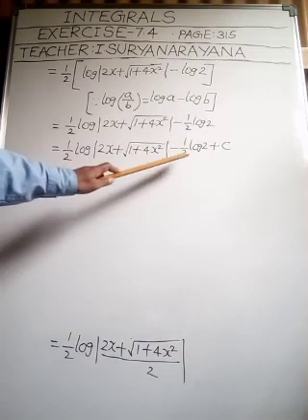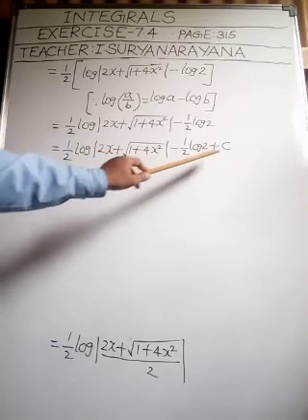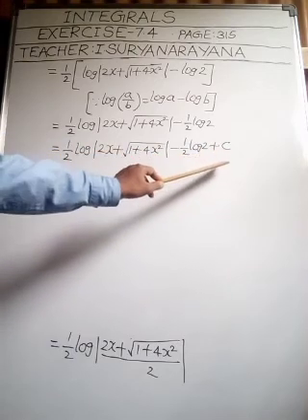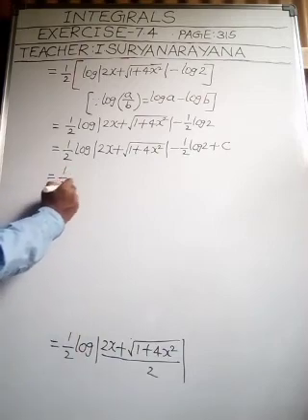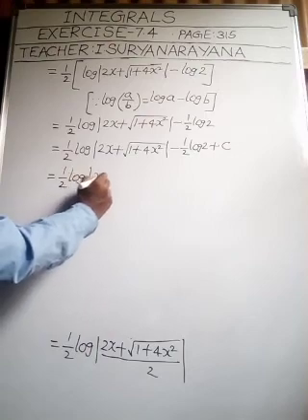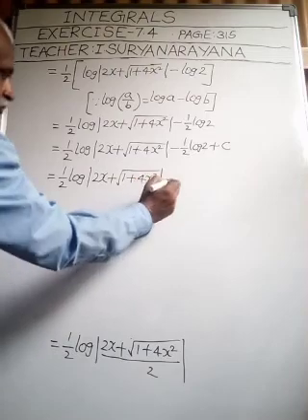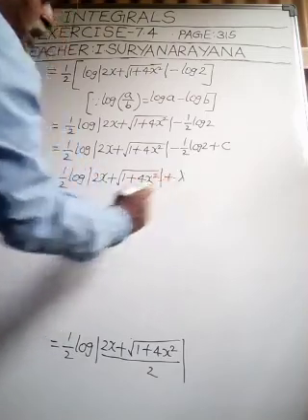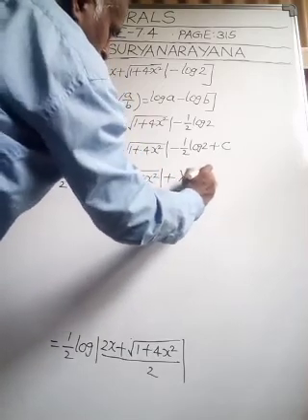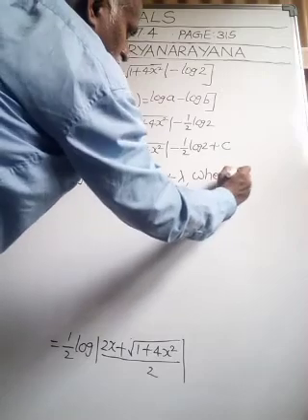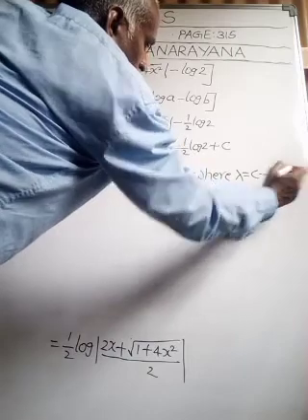Right. If you observe these last two terms, this is also a constant term, this is also a constant term. So if you simplify these two terms, again we get a constant term. So finally we write like this: 1 by 2 log mod 2x plus square root of 1 plus 4x square plus lambda, where lambda is equal to c minus 1 by 2 log 2.